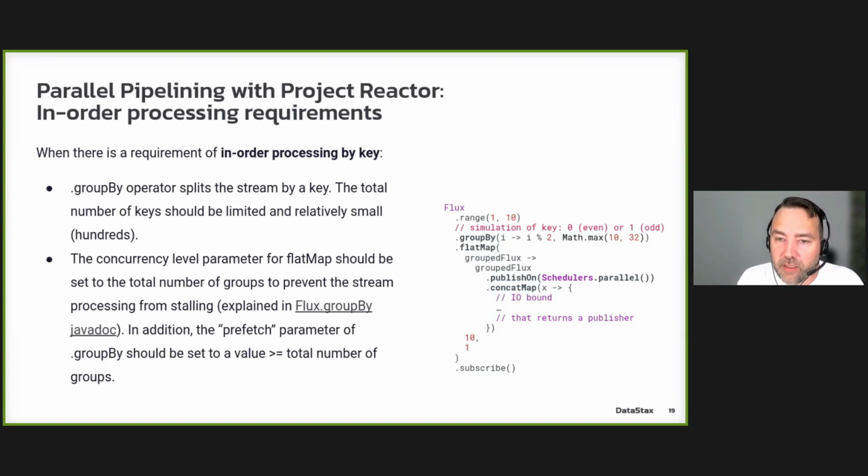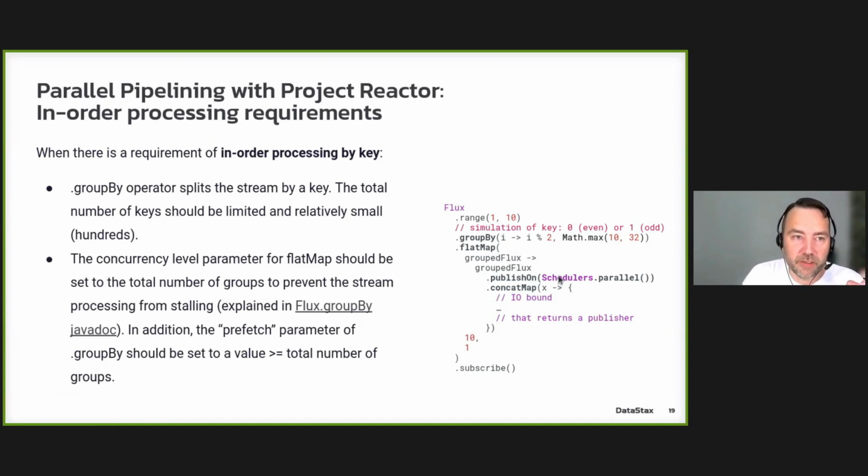And one guideline in using this is that the concurrency level, this number 10 shown here, should be set to the total number of groups, or at least to that value or higher, to prevent the stream processing from stalling.